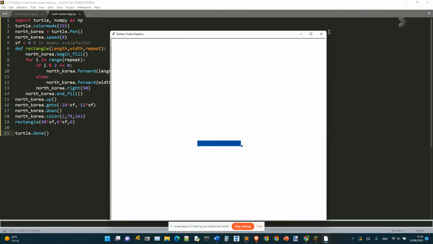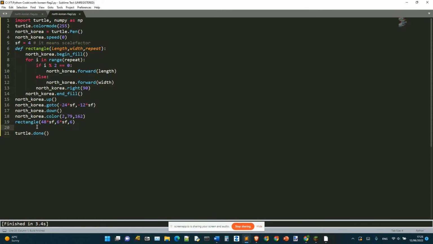Ta-da! Is this correct? Yeah, that's correct, so rectangle 48 times SF. So now going up, North Korea dot color. We should actually have a red background first.